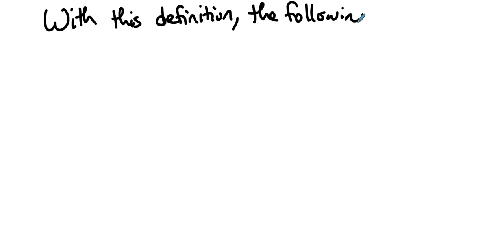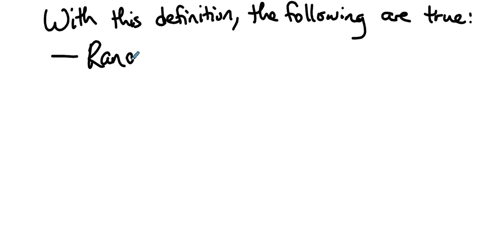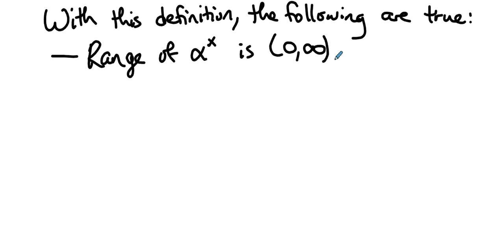With this definition, the following are true. 1. The range of the exponential function is the positive real numbers. If alpha is greater than 1 and the exponents are positive, then we generate everything greater than 1.